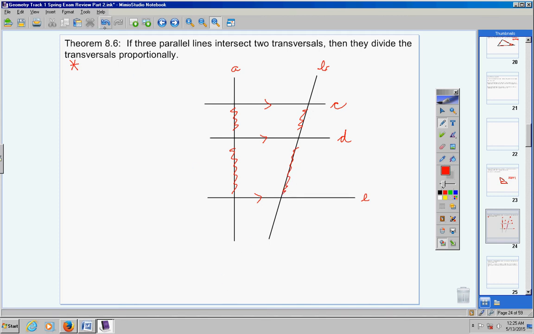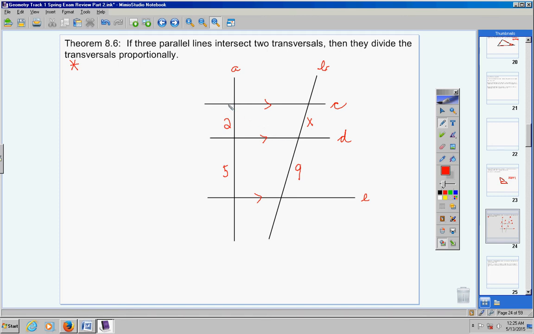Okay, that's it. So, with that in mind, if I told you this was a 2 right here, and this was a 5, and this side over here was a 9, and I told you to find this length right here, x.